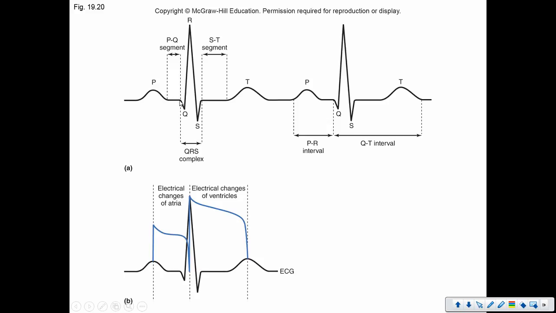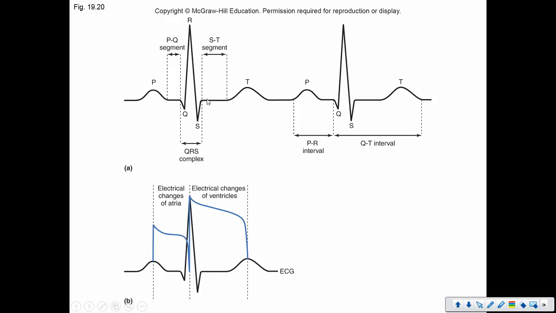When we see the depolarization of the atrioventricular node traveling down that bundle branch, that's this downward movement here called the Q. And then when we see the action potential received by the ventricles, we see that as this big upward movement here. As it's moving through the ventricles, it moves back down.